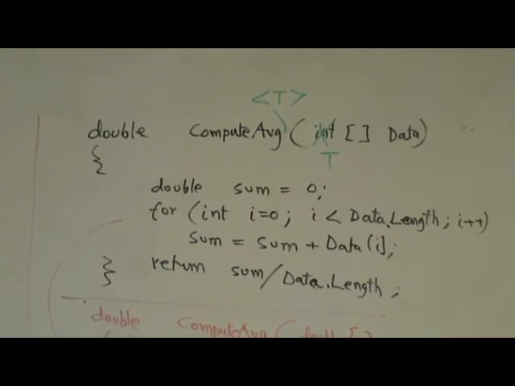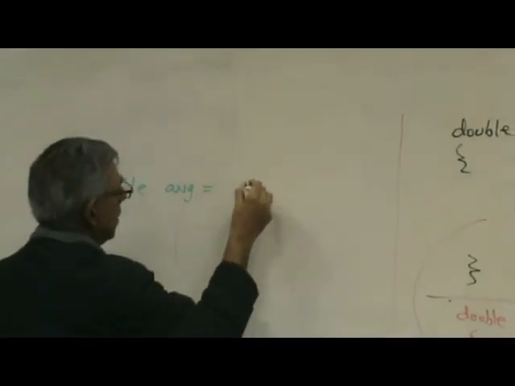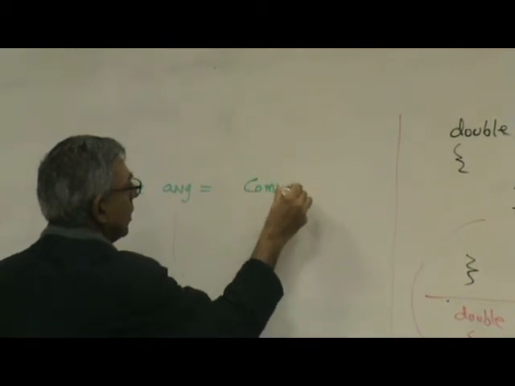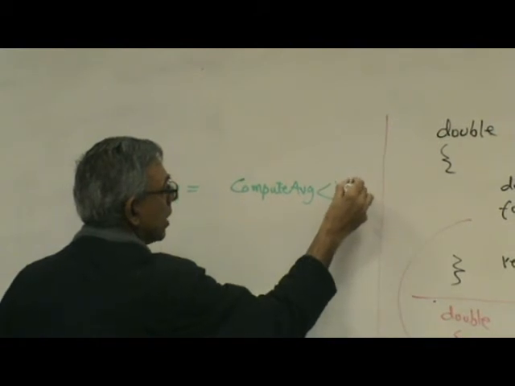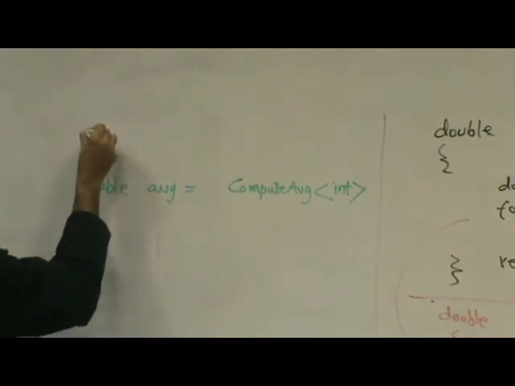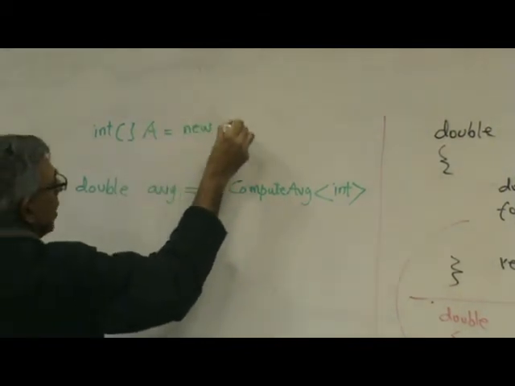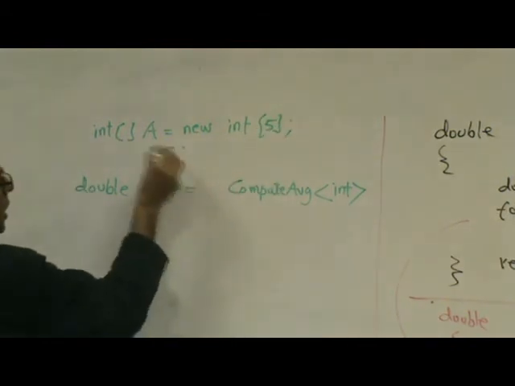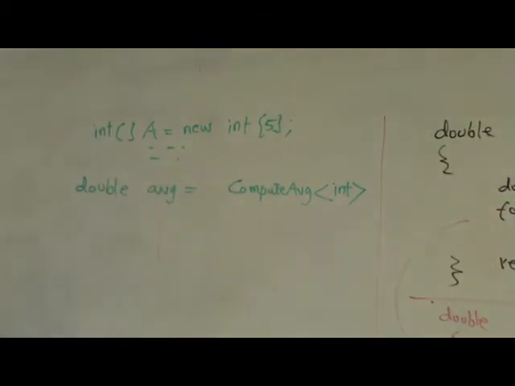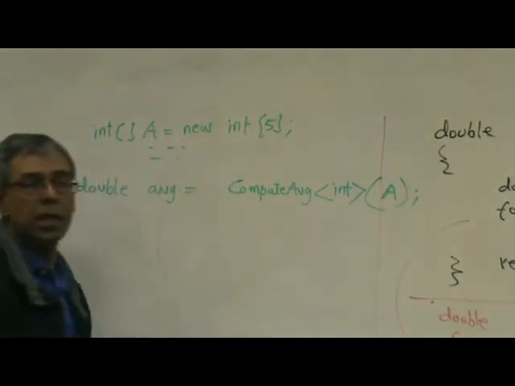They will do something like this. Double AVG equal to computeAVG, and after the name of the method, they'll say int, correct? And suppose they've already created an array, a equal to new int of, let's say, 5, and then they've initialized the array. Let's pretend, right? So computeAVG int of a, correct?